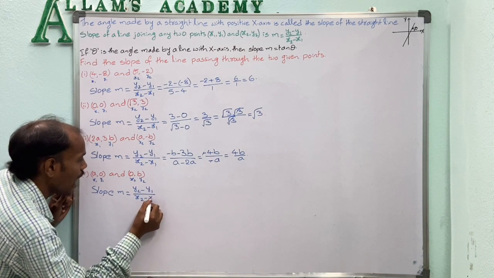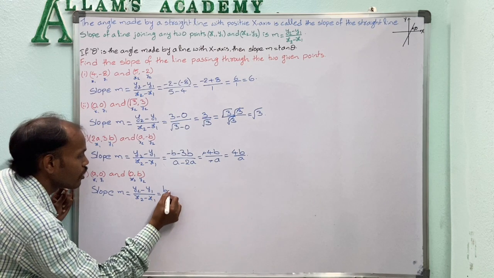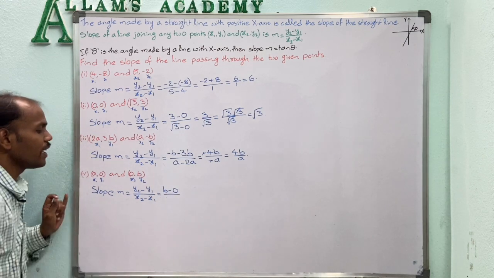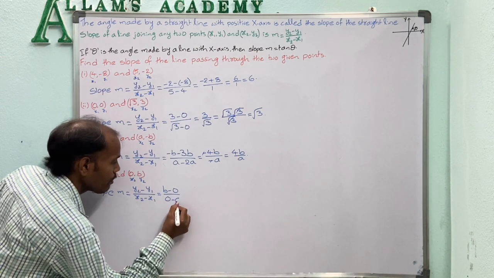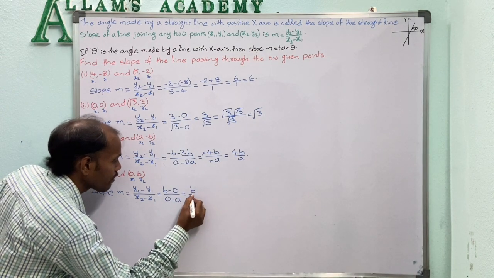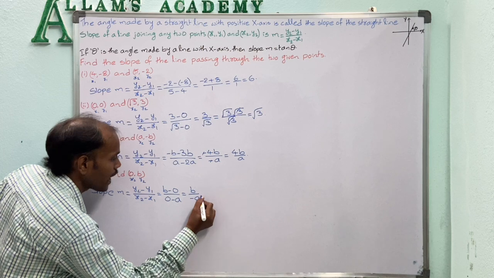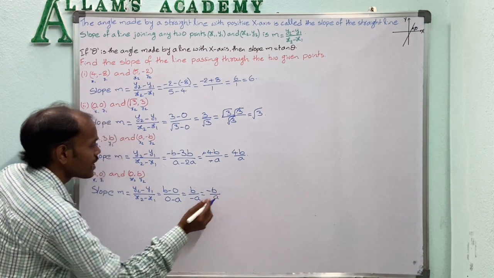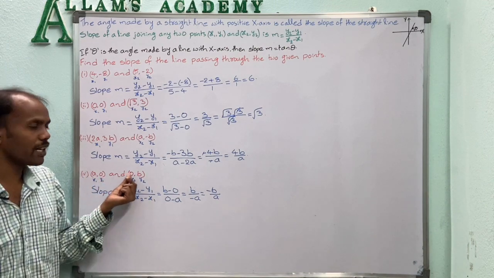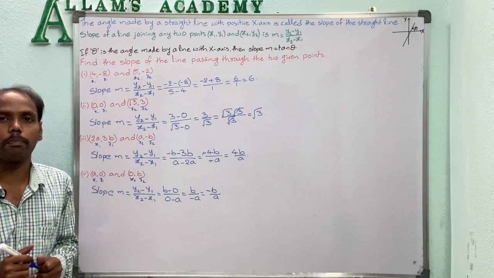So here y2 and y1 are b and 0, so b minus 0, over x2 and x1, which are 0 minus a. b minus 0 is equal to b, 0 minus a equals -a, so that is nothing but -b by a, the slope for the points (a, 0) and (0, b).